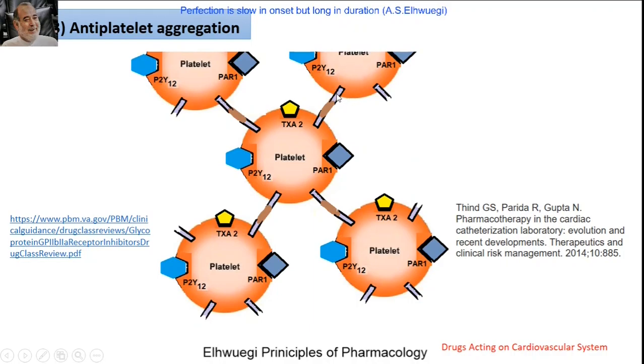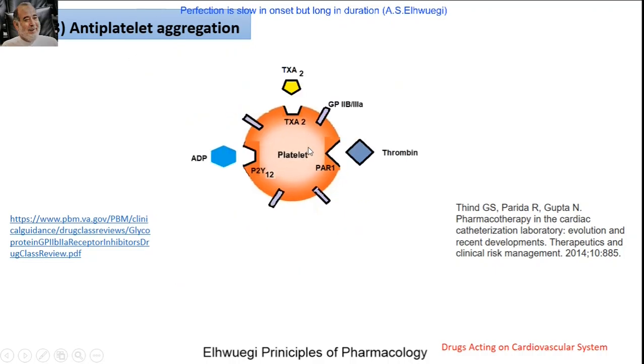This will result in platelet aggregation. As you can see now, we started with an inert platelet, where there is no platelet aggregation, floating freely in the plasma.